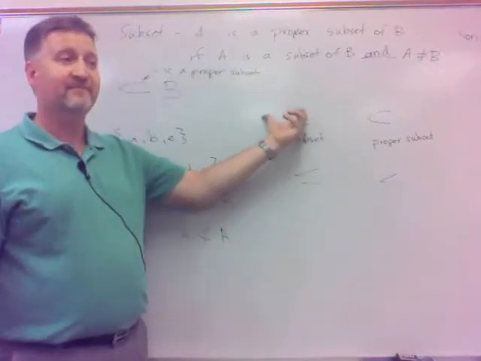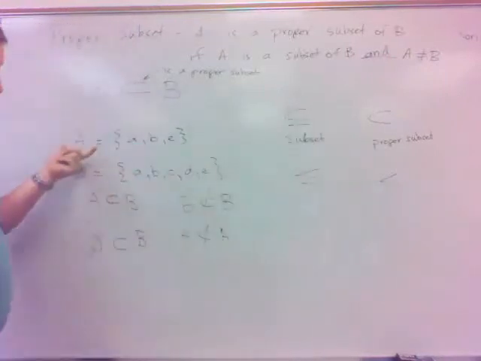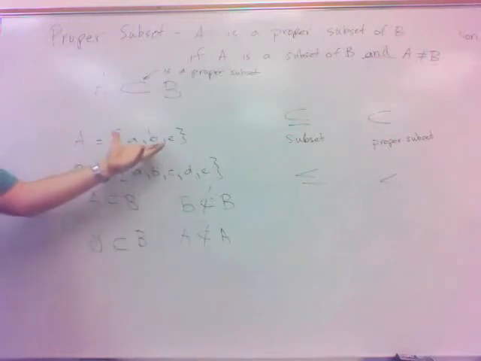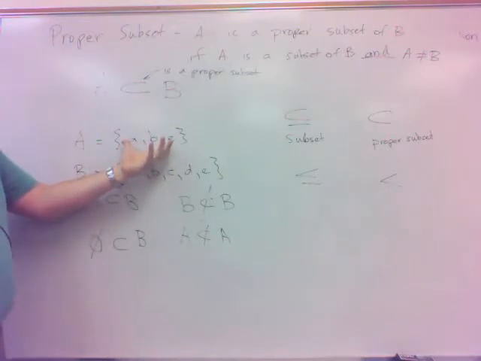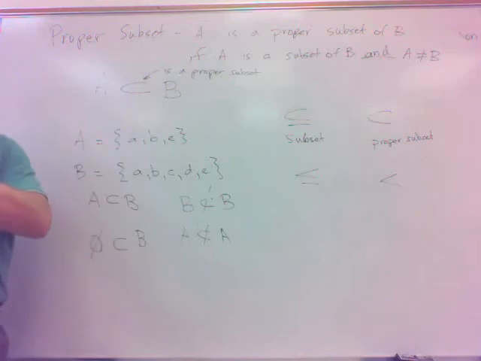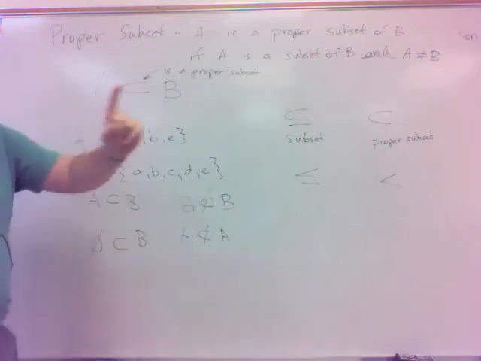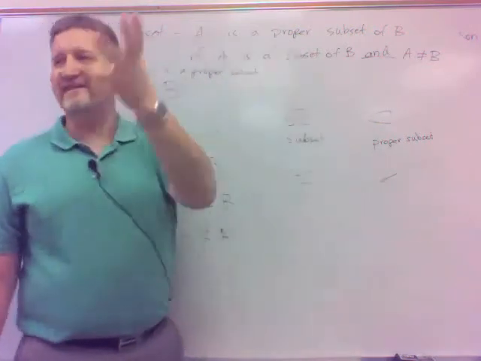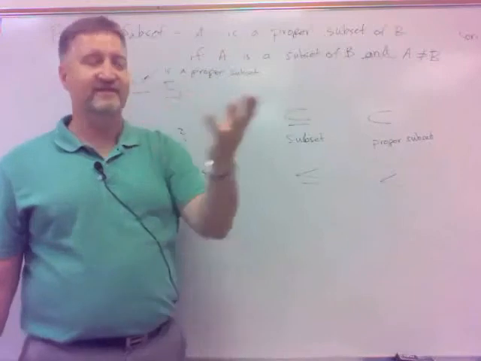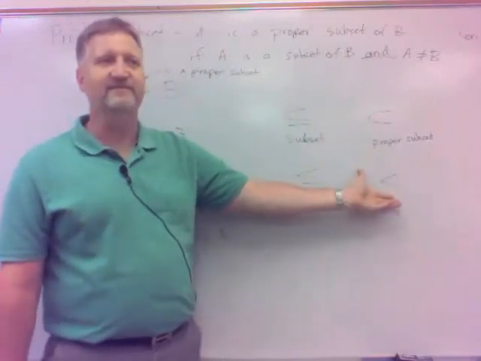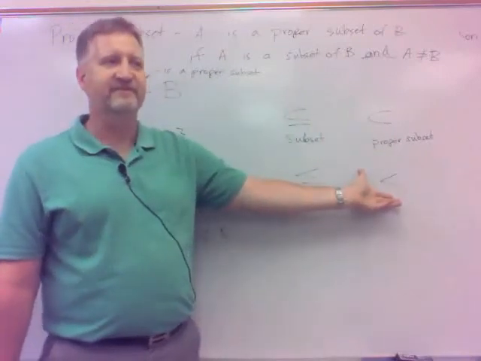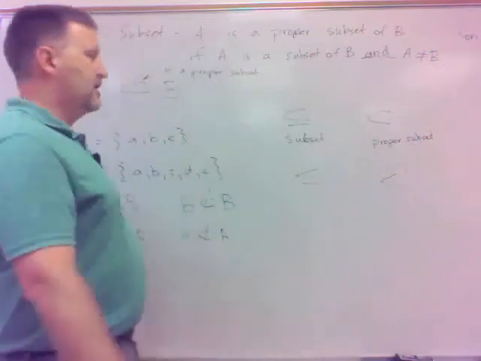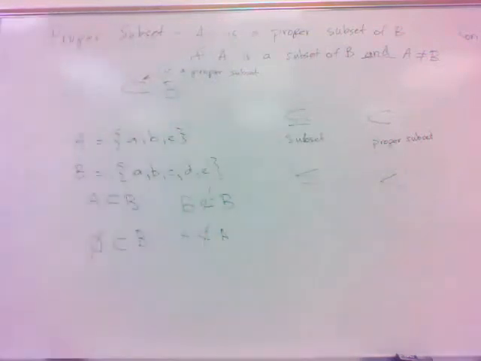Isn't that kind of what this means? A is a subset of B. Subset basically means it's less than, but it could be equal to, right? Now, for proper subset, it has to be less than, just like that has to be less than. It can't be equal to, you see. So there is a connection there. But anyway, okay?